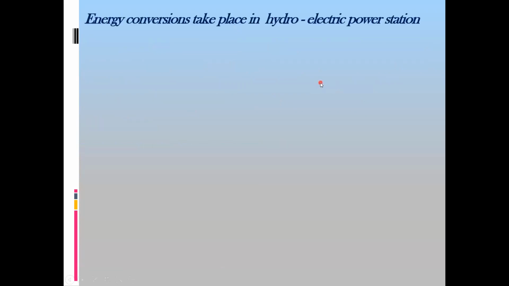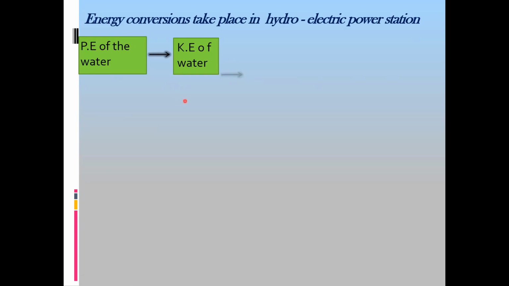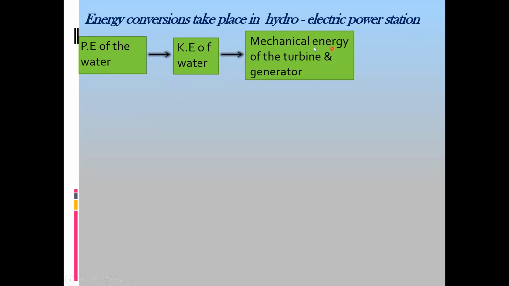Then what are the energy conversions that take place? First, the water which is stored behind the dam will have potential energy. Then this water starts to flow, so this will be the kinetic energy of the water. Then that is converted into mechanical energy. Mechanical means kinetic energy of the turbine and generator, because we have a turbine, and connected to the turbine is a generator.